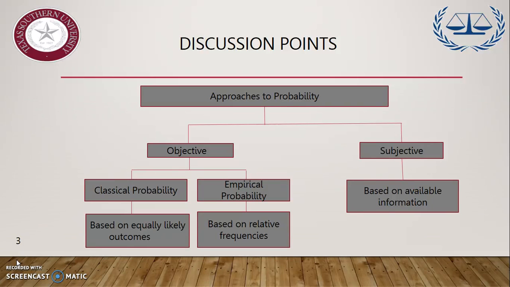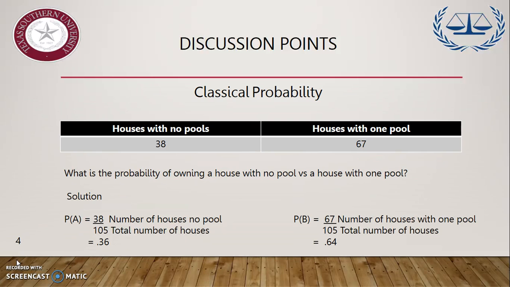With classical probability, I used the real estate data that was given, and I tabulated the number of houses that had no pools versus the houses with one pool.